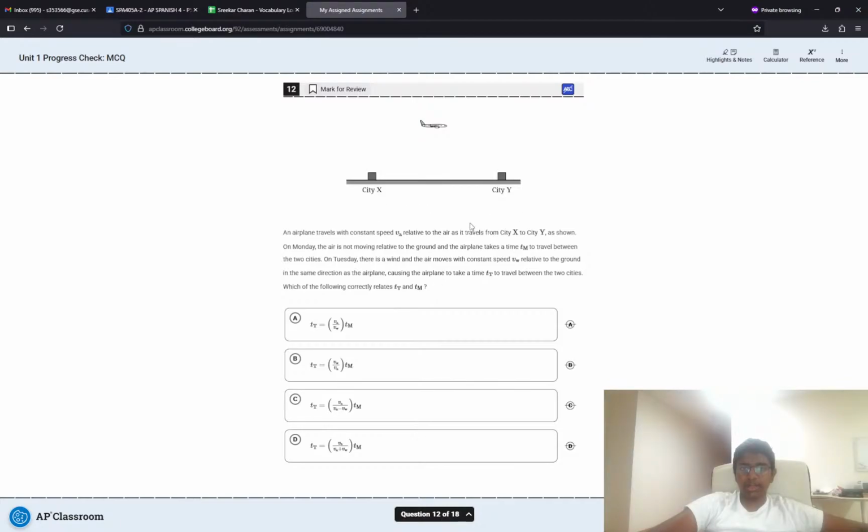I think the ratio that's important here is this ratio, right? So I think you take the velocity of the plane. Okay, so we're trying to, TR has to be decreased.